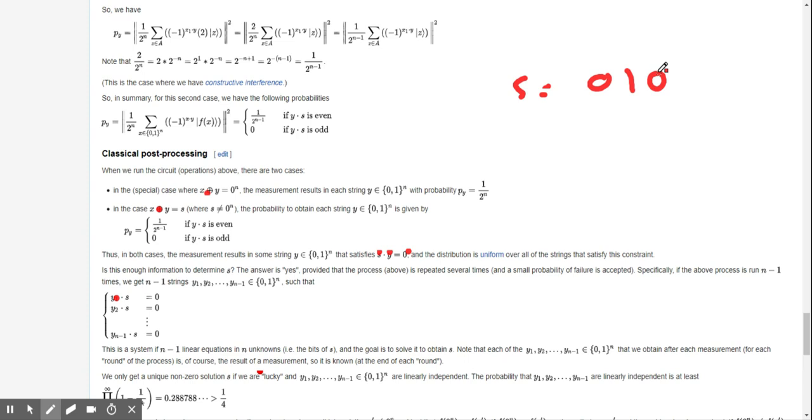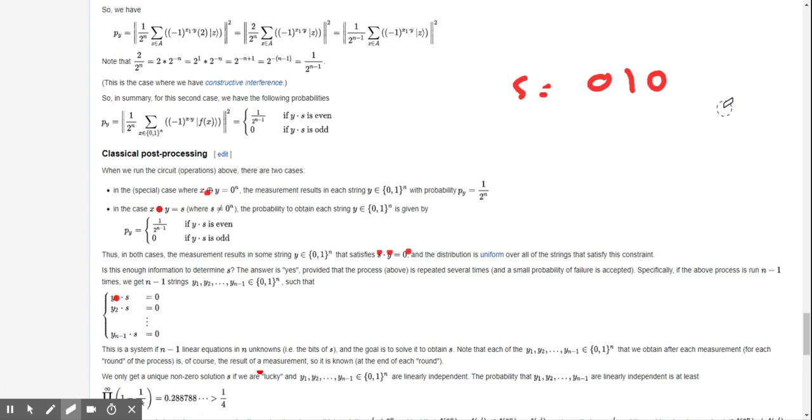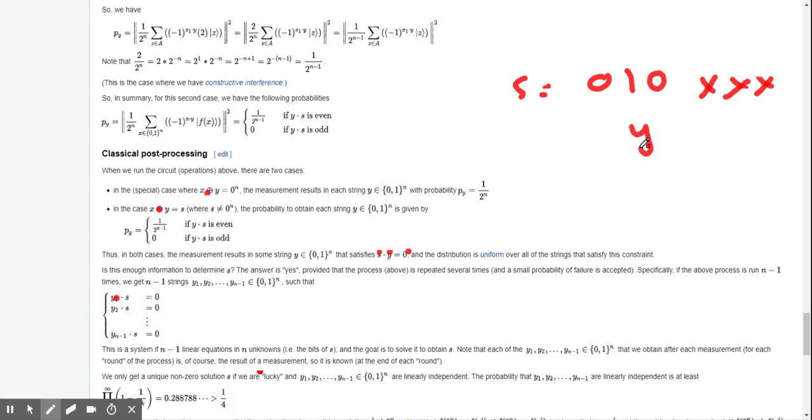But we didn't know that. So we've got like XXX, and then a Y that is like, let's say, 0, 1. It's going to be easier for my example. A Y that's like these, right?